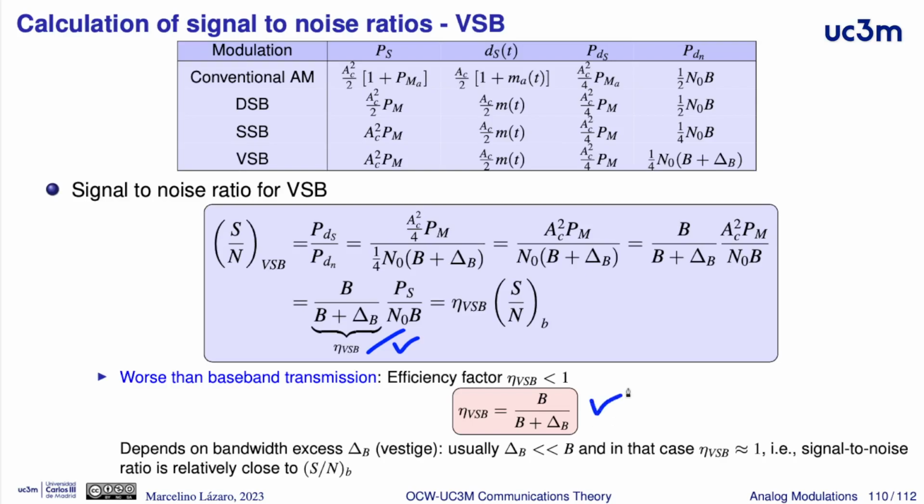However, this factor is not so far away from 1 because usually the vestige is much lower than the bandwidth of the modulating signal. So it's worse than the baseband transmission, but relatively close to this signal-to-noise ratio.